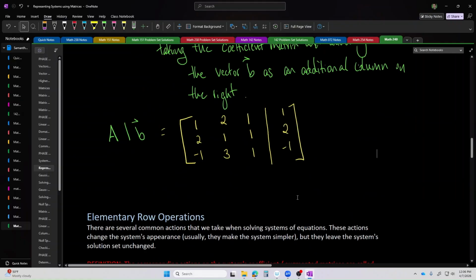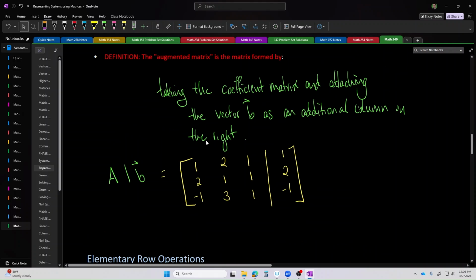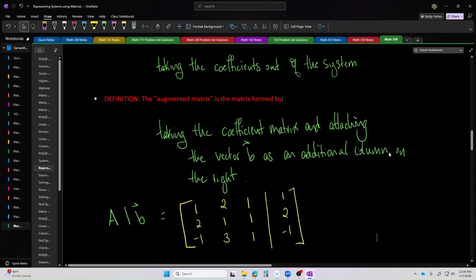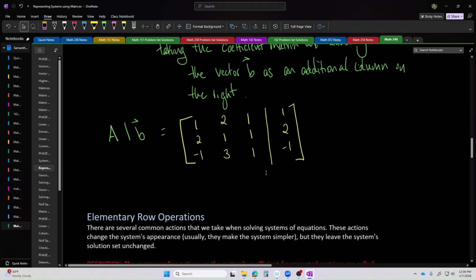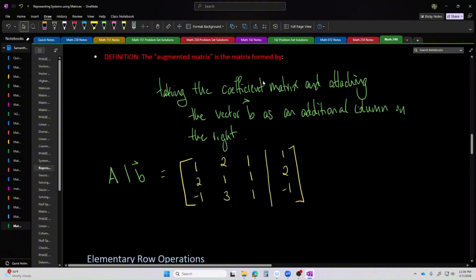So this matrix with 4 columns in total would be what we call the augmented matrix for this system: the coefficient matrix that has been augmented by attaching the vector b on the far right side.